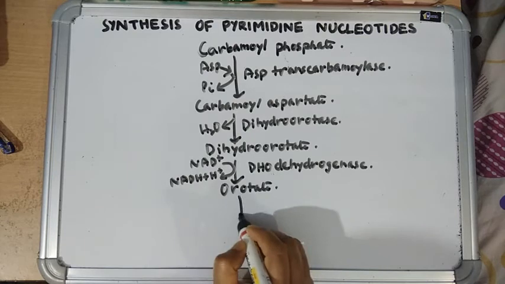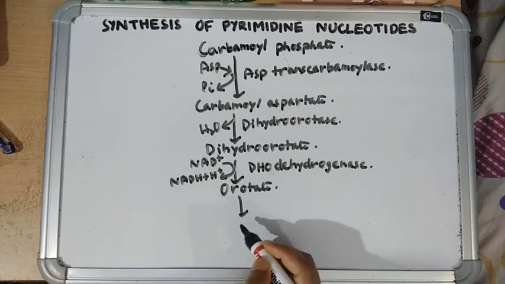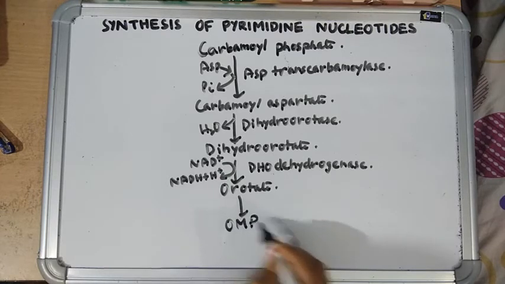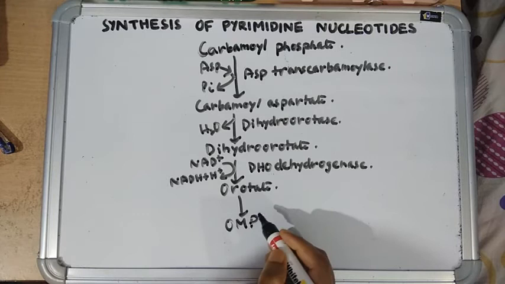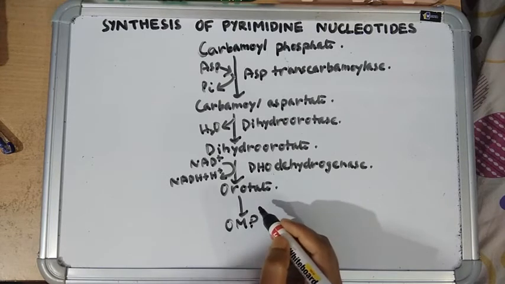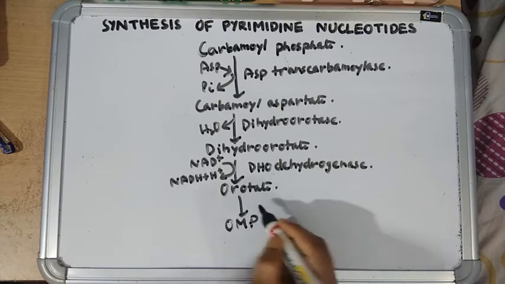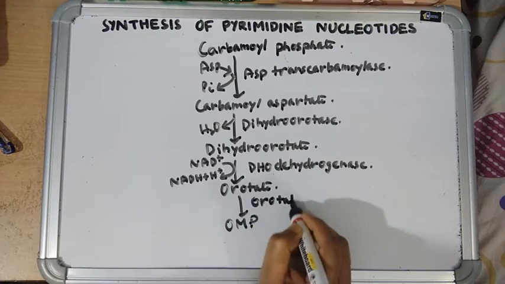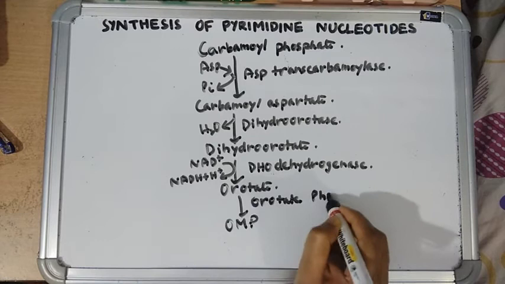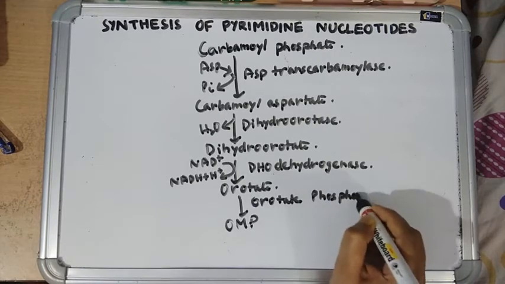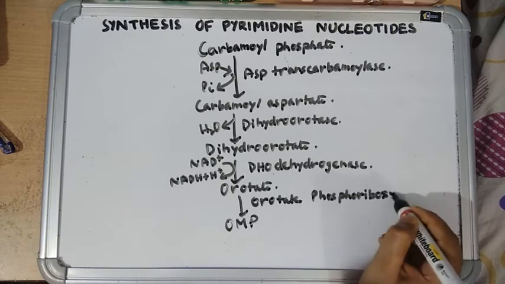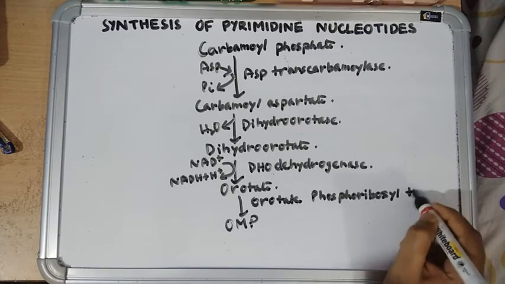Then orotate is converted into orotidylate or orotidine monophosphate by the enzyme orotate phosphoribosyl transferase or pyrimidine phosphoribosyl transferase.